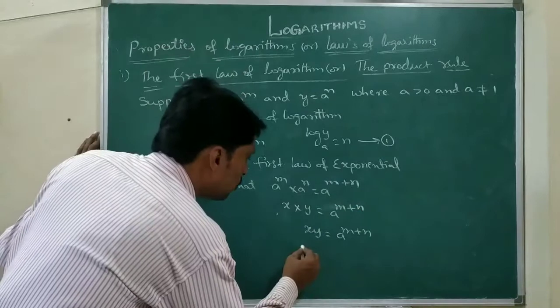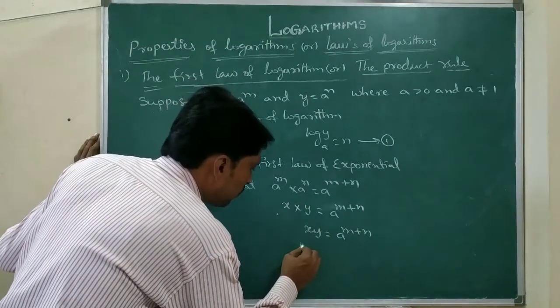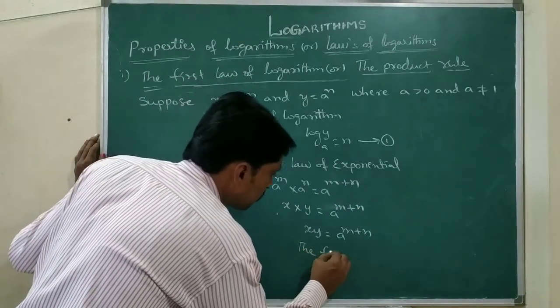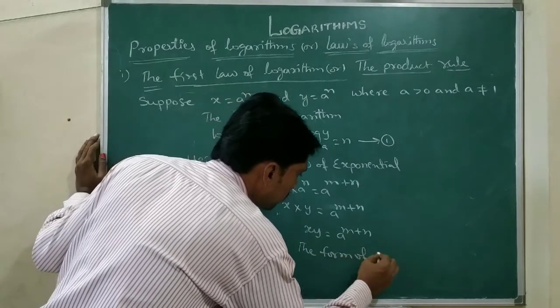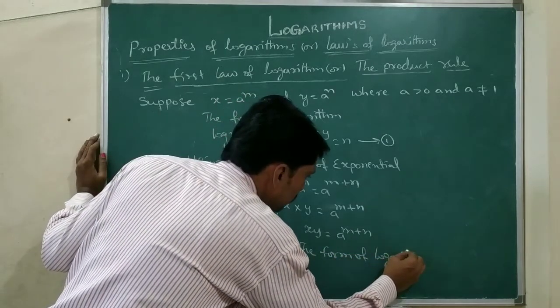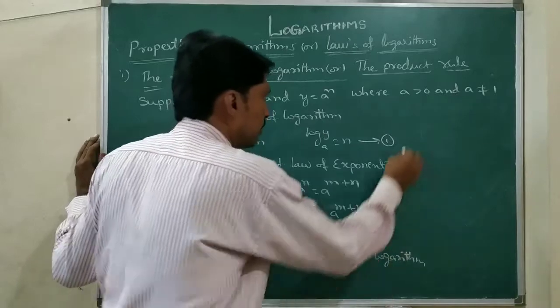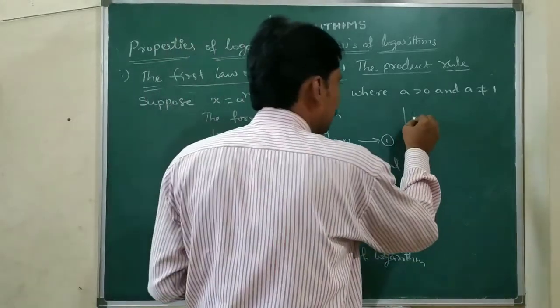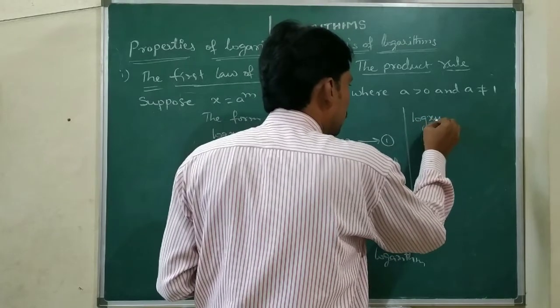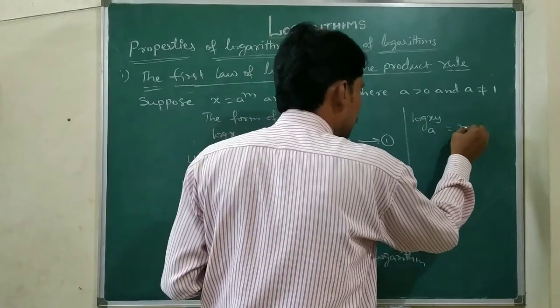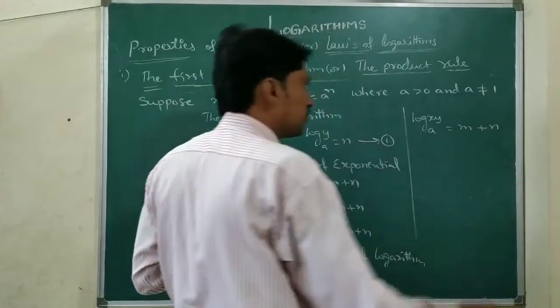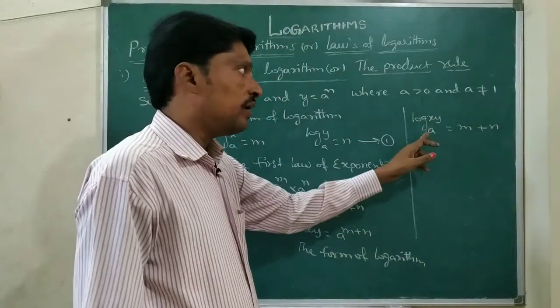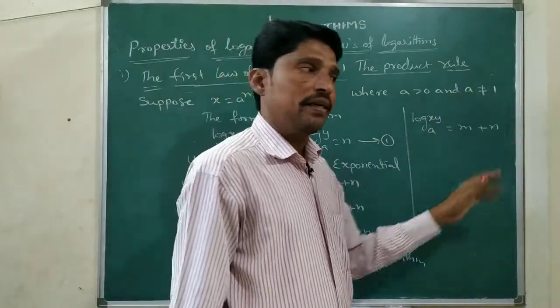So the form of logarithm, here I am writing. So this base I am transposing. Log xy to the base a equals m plus n.